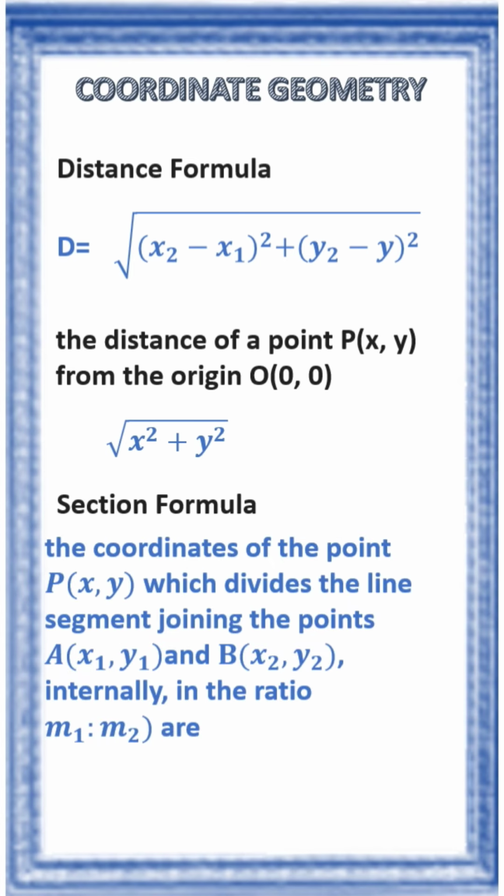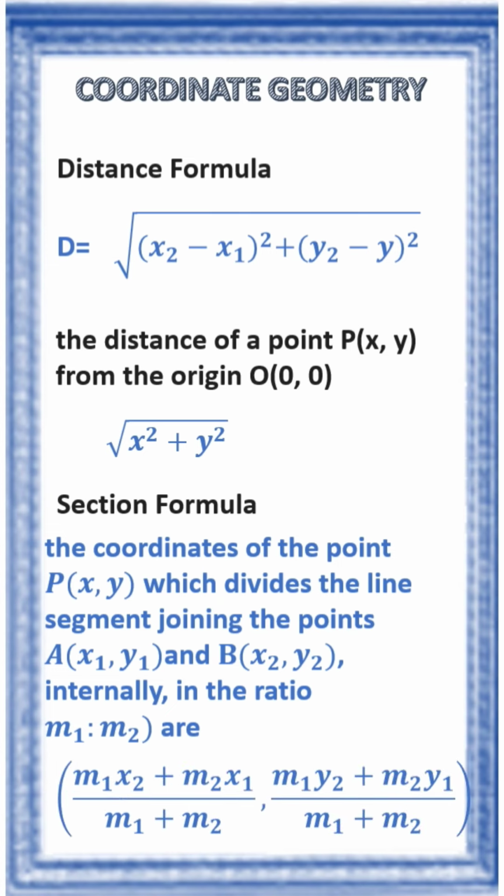The coordinates of the point P(x, y), which divides the line segment joining the points A(x1, y1) and B(x2, y2) internally in the ratio m1 is to m2, are: this is the x coordinate, (m1 x2 plus m2 x1) upon (m1 plus m2), comma, this is the y coordinate, (m1 y2 plus m2 y1) upon (m1 plus m2).